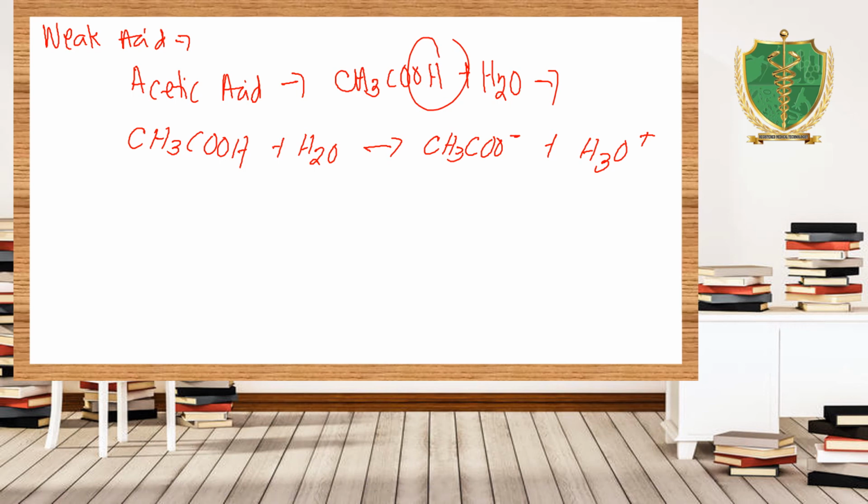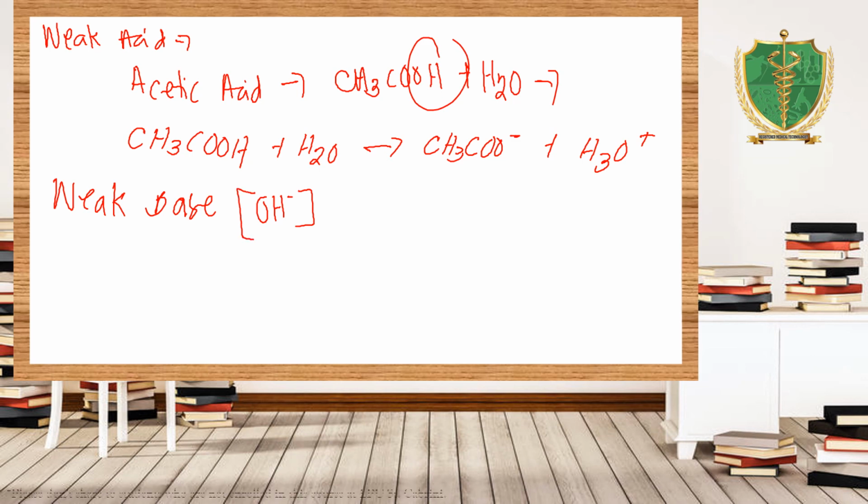Now, how about for weak base? Okay? How are we going to define weak base? Definitely the same thing. Ano lang yung pinagkaiba? Yung hydrogen ion. Okay? It means that a weak base is a substance that partially reacts with water, partially lang, hindi almost completely, unlike our strong base, to produce hydroxide ion.